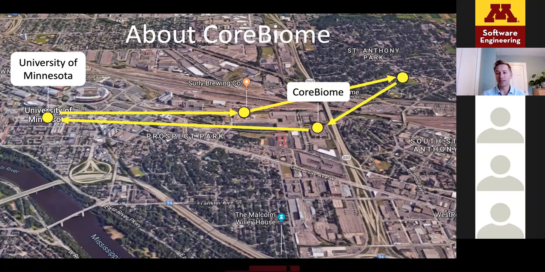But it was tricky, because a lot of the investors wanted us to not commoditize this. They said you need to be out there charging as much as you possibly can. But that just didn't make sense from a scientific perspective.